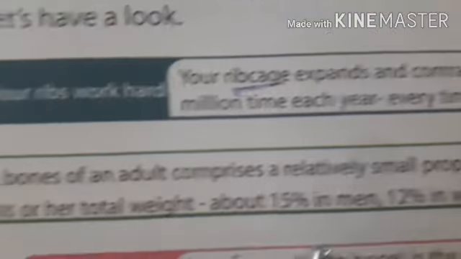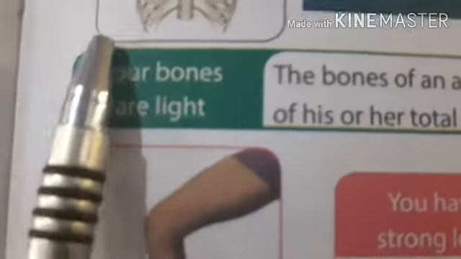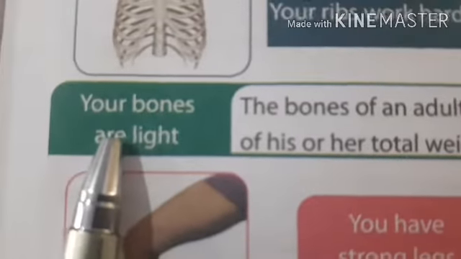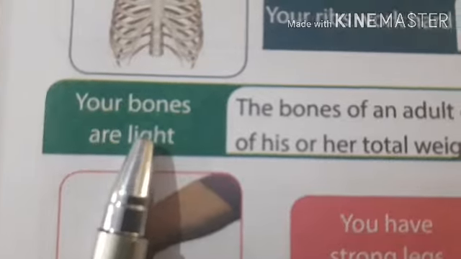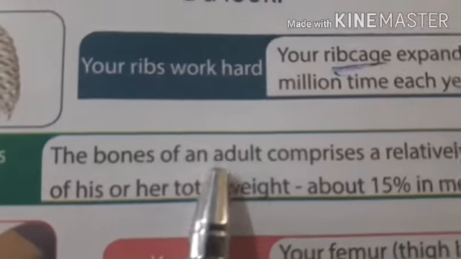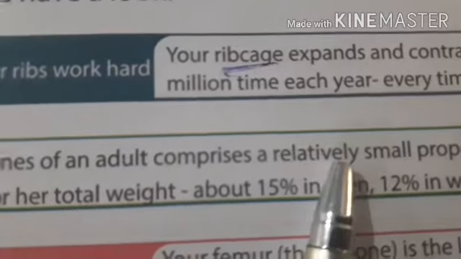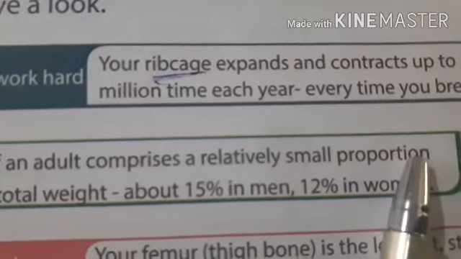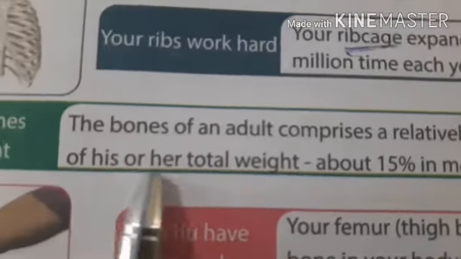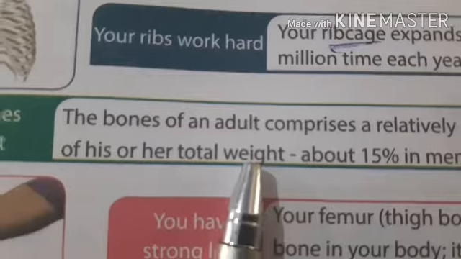Okay. Then your bones are light. Bones are light. The bones of an adult comprise a relatively smaller proportion of their total weight.